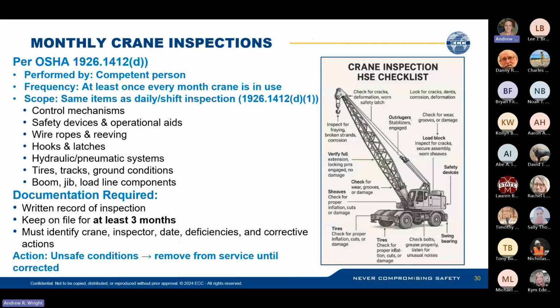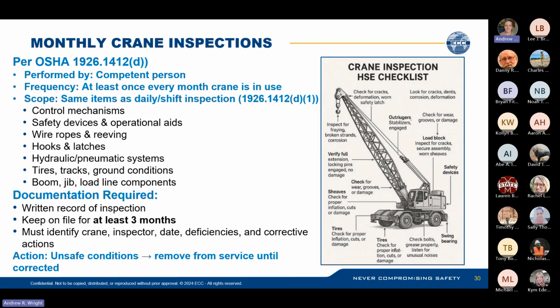So that was pre-shift inspections. Now these are monthly inspections. They're completed by a competent person. They need to be at least once a month, every month the crane is in use per OSHA. So same items as a daily shift inspection: your control mechanisms, safety devices, wire ropes, hooks, latches, pneumatic systems, hydraulic systems, tires, tracks, ground conditions, boom, all that.